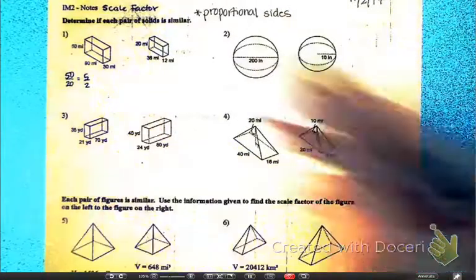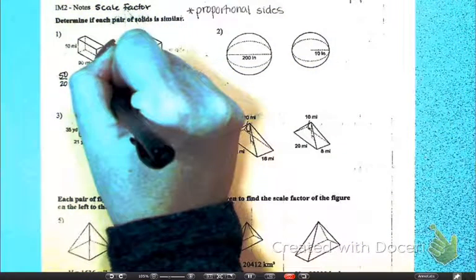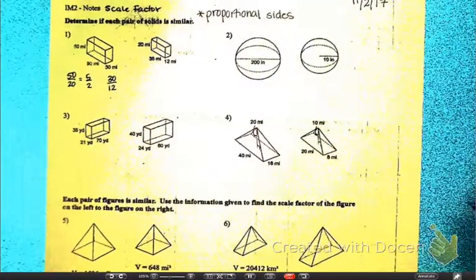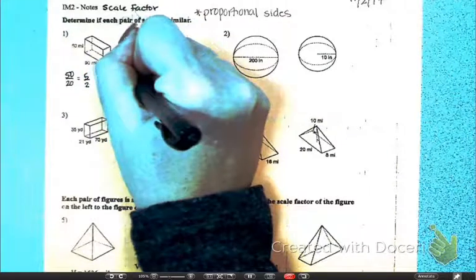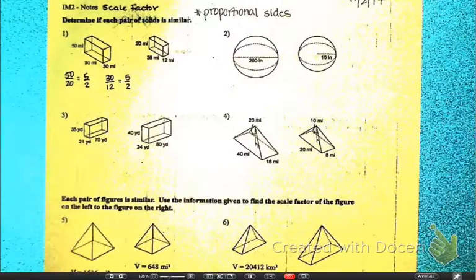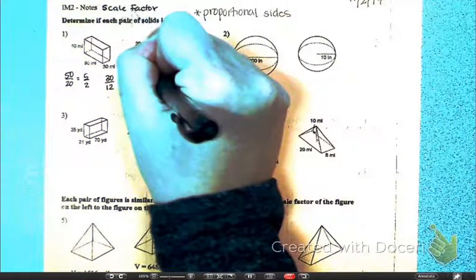So what would 30 match to? 12. What can I reduce 30 over 12 by? By 6, which gives me 5 over 2. And then what's my last side? 36. 90 and 36.